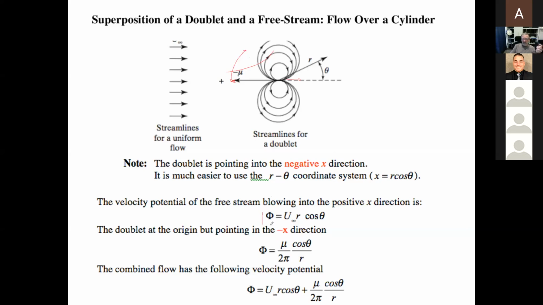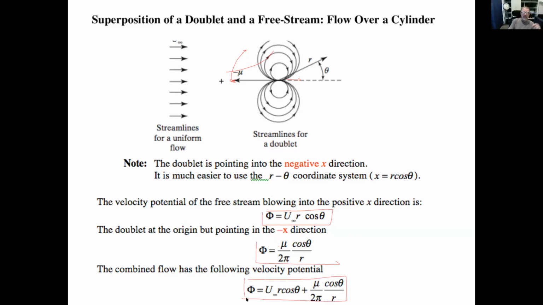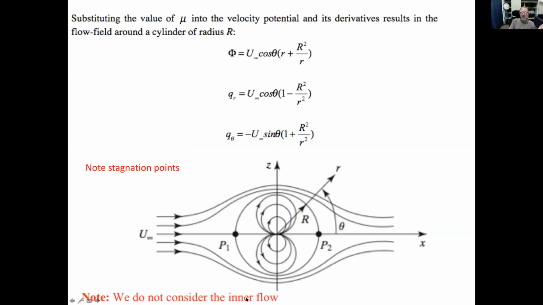That's the free stream, which is U infinity x basically. And then here's the doublet with a plus sign because it's pointing in the other direction. And that's the combined velocity potential in cylindrical coordinates. We did that, and then you can move to Cartesian, but it's much more convenient to use that coordinate system.